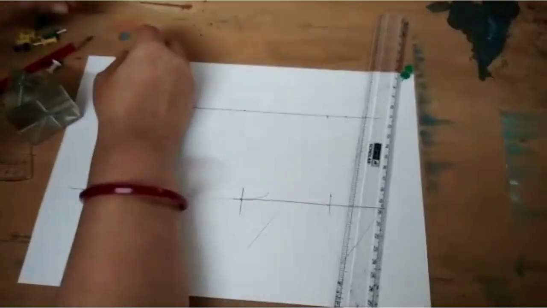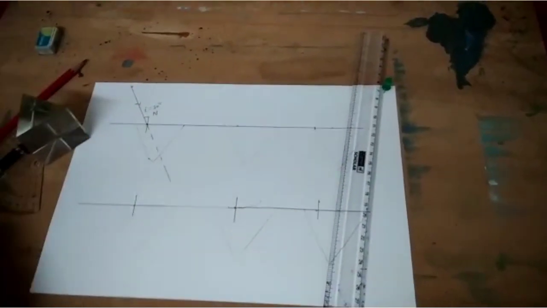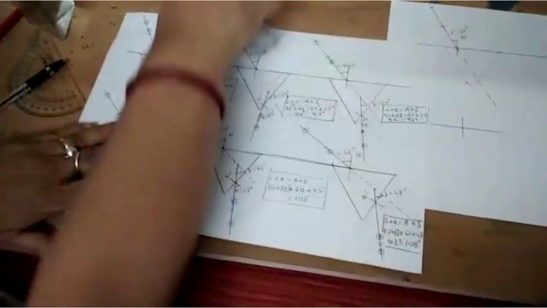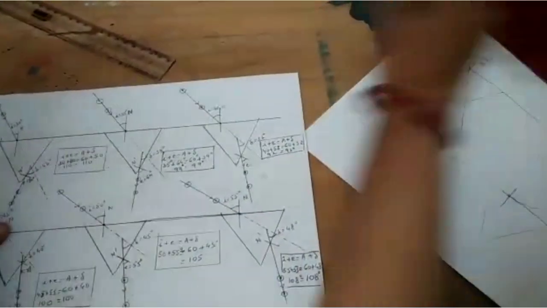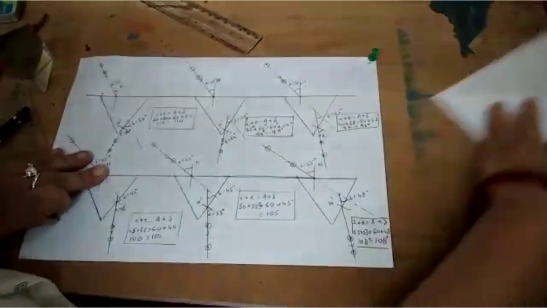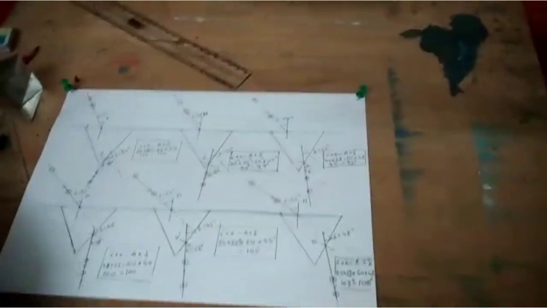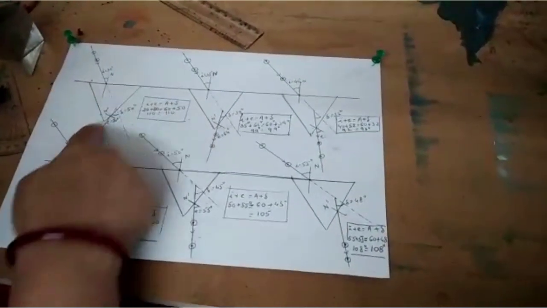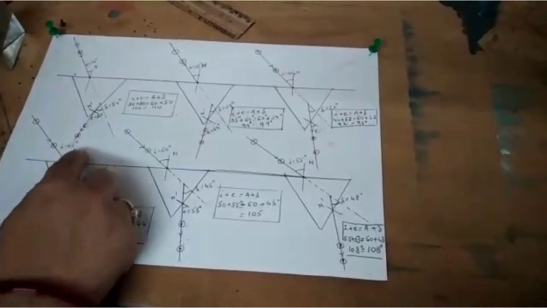Okay? So I have prepared something for you. I'll show you that with one exemplar. As you can see, I've drawn the outline at 30 degrees, and here I have got the angle of deviation.